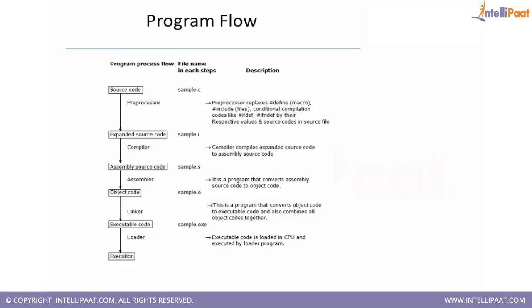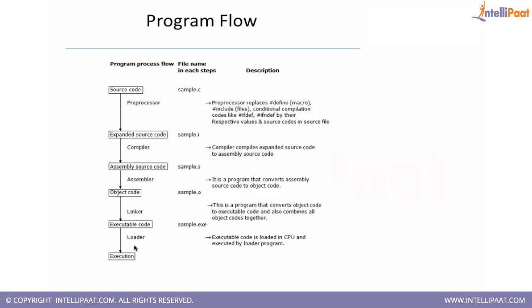Our source code is expanded. That means all the preprocessors are simplified and merged into one file which is called the .i file, and then it is compiled, assembled, linked, and loaded.